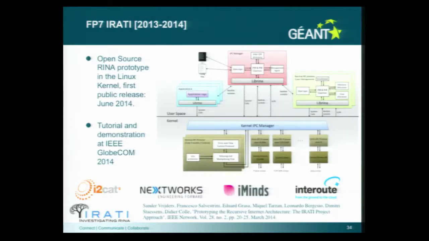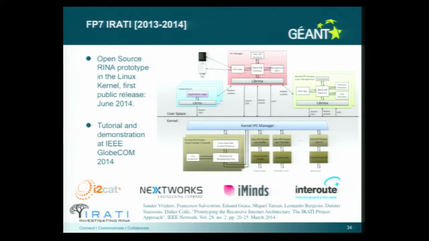The IRATI project, quickly, is developing an open source Rina prototype in the Linux kernel. It will have a public release at the end of next month. This is a quick diagram of the software developed in IRATI, and the main points are these: we have shim DIFs over TCP and UDP.